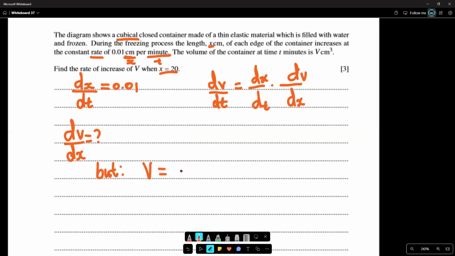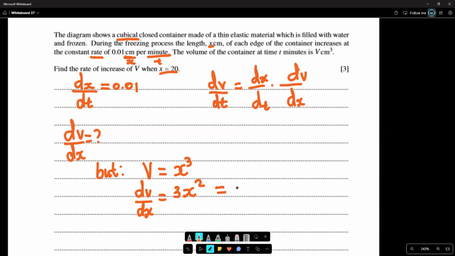Volume, we know that is going to be x cubed because the figure is a cube. So it's x times x times x, which is x cubed. Now volume is the subject of the formula, we can easily differentiate here, right? So dV over dx is the same as 3x squared.